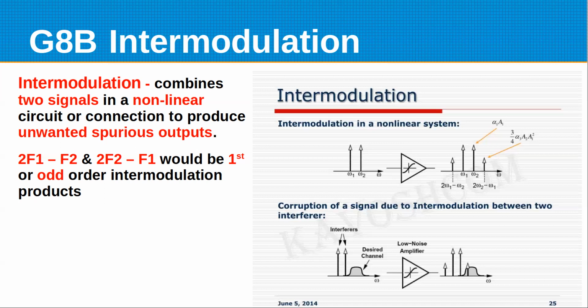So you wind up with a lot of spurious outputs from the nonlinearity, and that's one of the things when they design receivers: trying to keep all the circuitry as linear as possible, because in the analog world, you're going to have a little bit of nonlinearity, which is going to give you some spurious outputs.